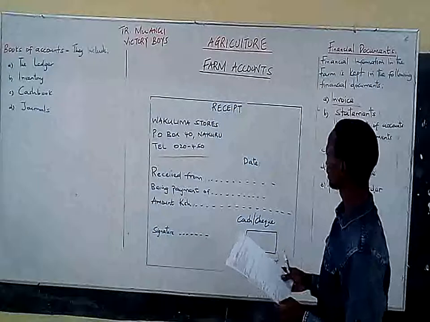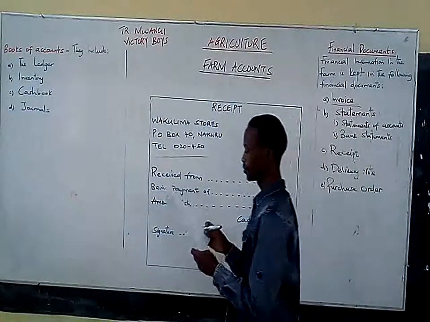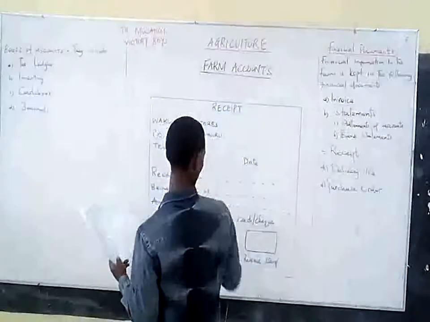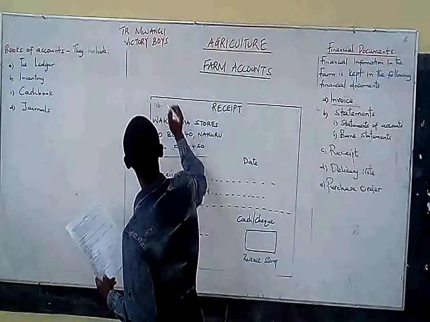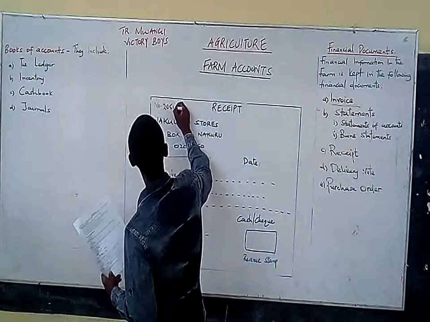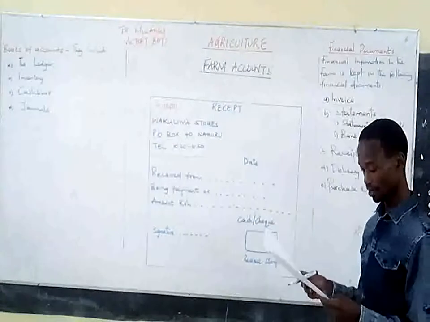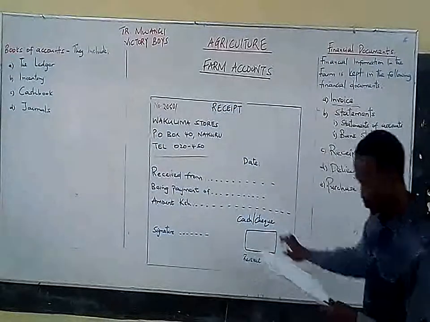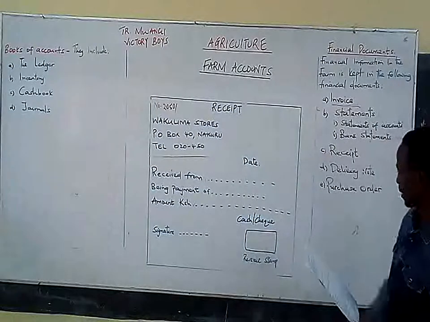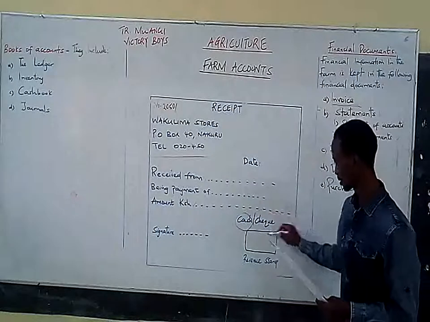It also contains the receipt number, which can be somewhere over here, maybe 2051. That is the receipt number or a serial number. It also indicates the form in which the payment is done, whether it was made in form of cash or in form of a check.